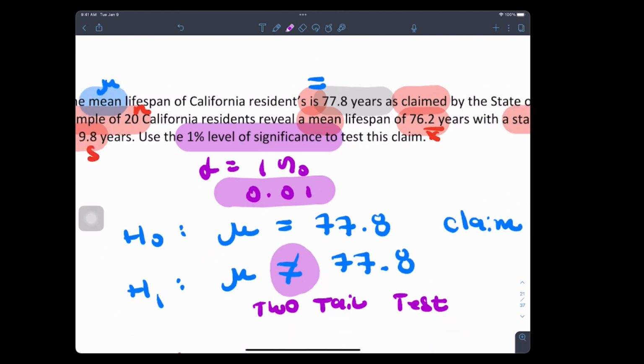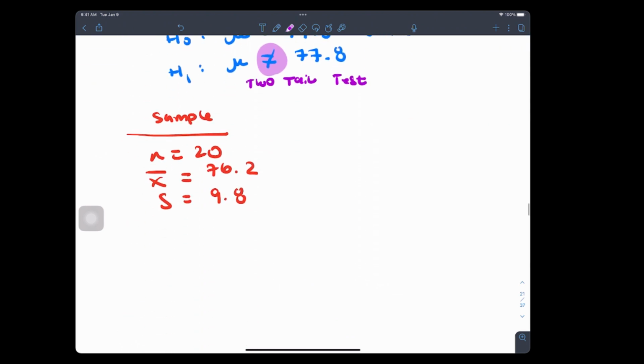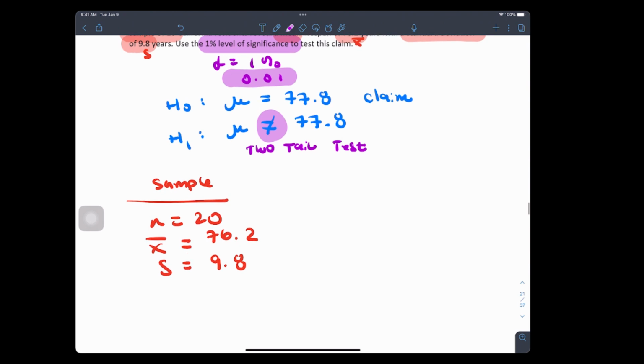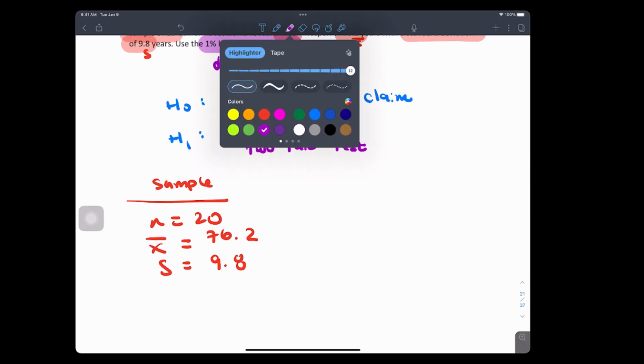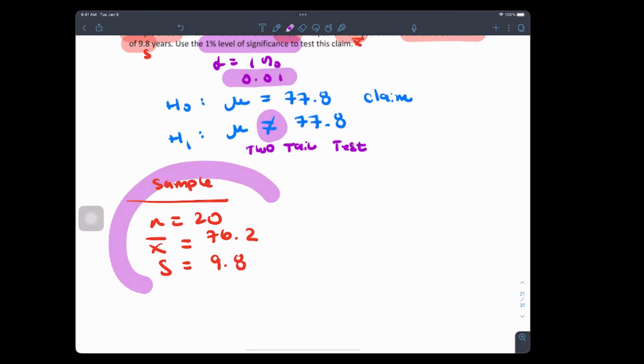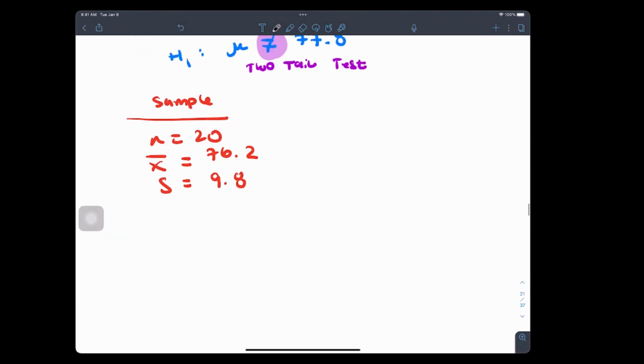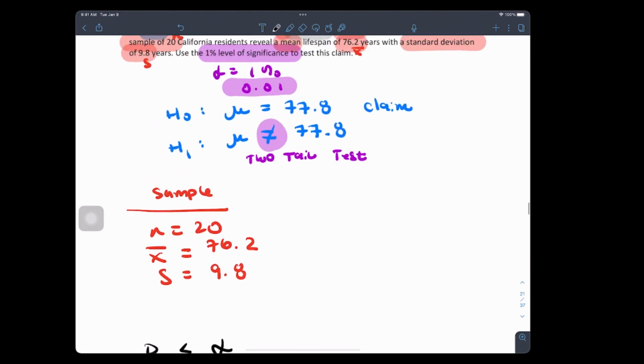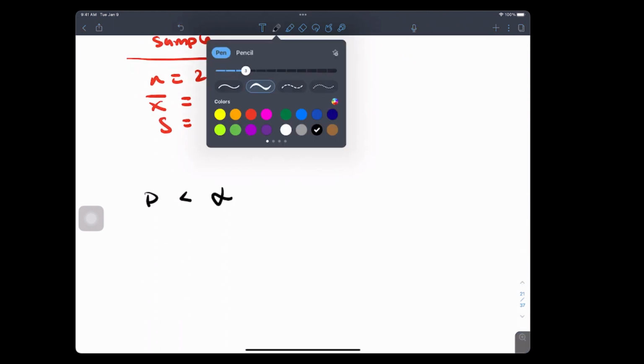You guys are almost there. As we use the modern method, we're going to check: is the p-value less than the level of significance? Is it less than 1%?